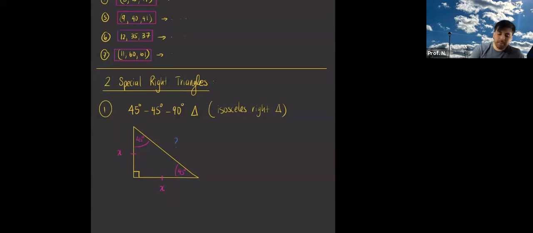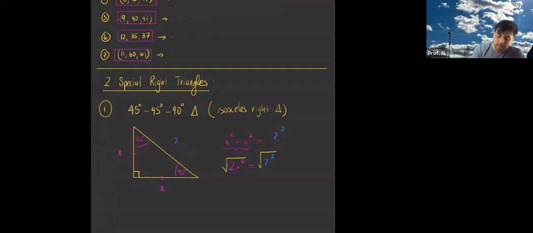Well, we can apply the Pythagorean theorem. x squared plus x squared equals something squared. When you combine them, you get 2x squared. That equals the question mark squared. But I want to find the question mark by itself, so I have to take the square root on both sides.